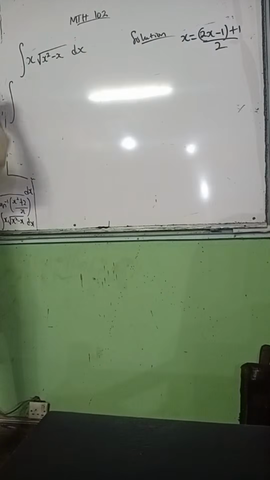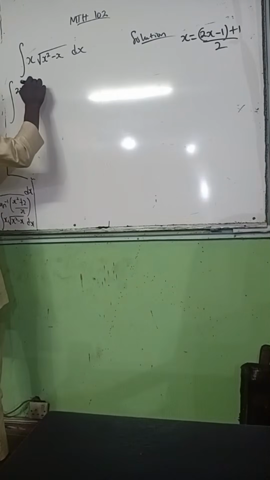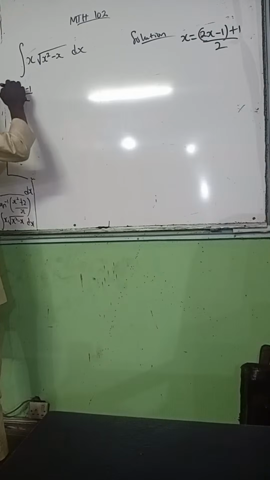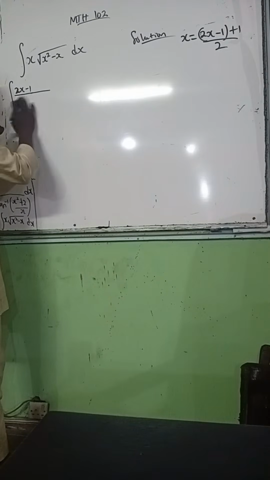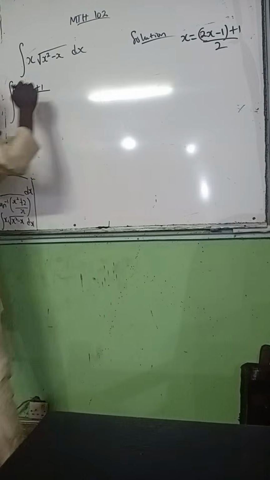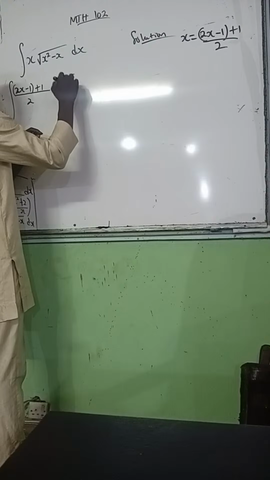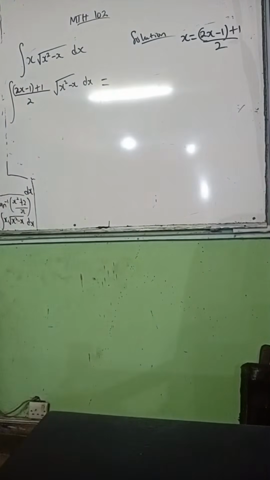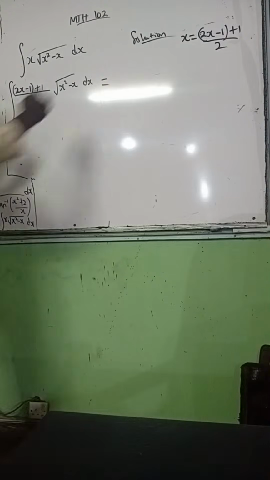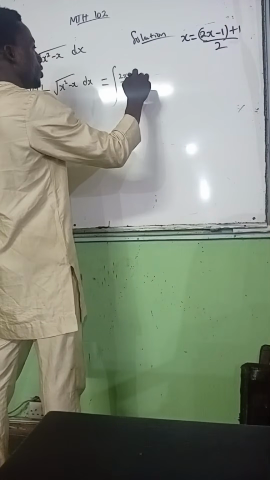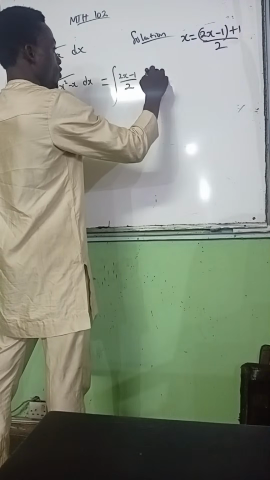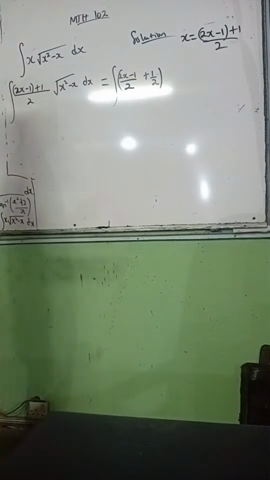So this guy becomes the integral. Instead of x, what do I write? 2x minus 1 over 2, plus 1 over 2, then we have root x squared minus x dx. That equals the integral of 2x minus 1 over 2 plus 1 over 2, times root x squared minus x dx.